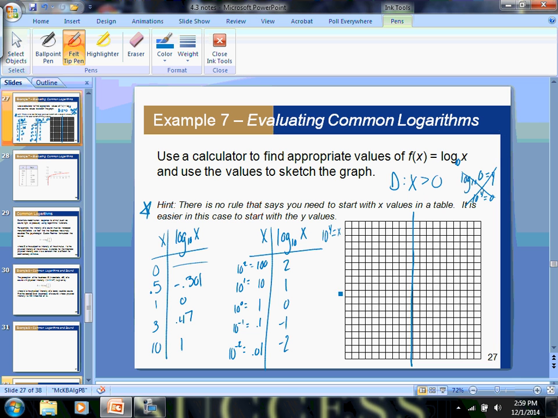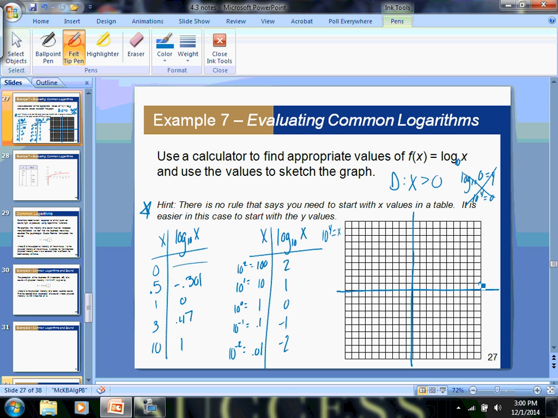When you graph them, though, for this problem, regardless of what you select, if you're selecting your x values or your y values first when you make your table of values, you're going to get the same shape in your graph, as these points are still on this graph. Okay. So let's see, we'd have 10 squared, that's going to be way off my graph. 10, 1, 1, 2, 3, 4, 5, 6.